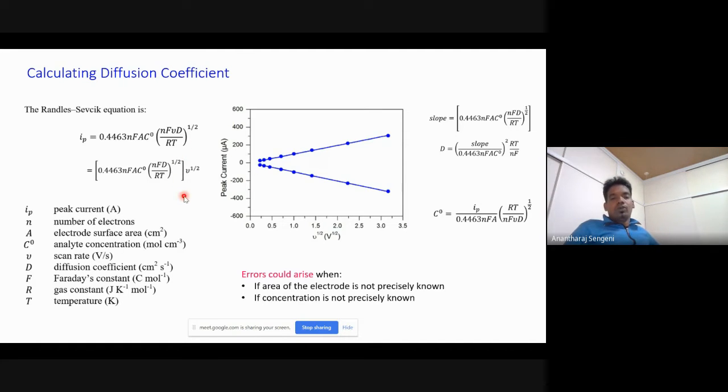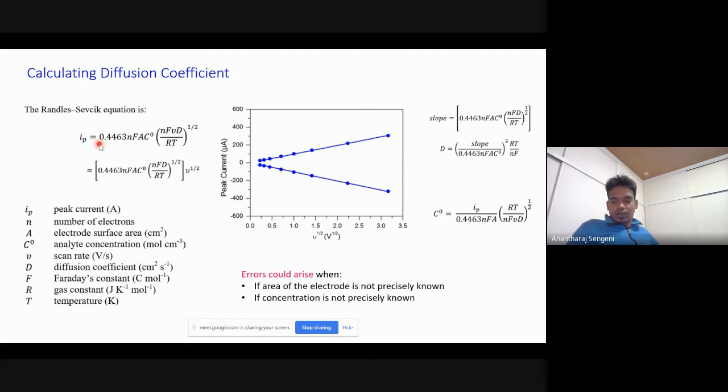So how we do this is that we use the Randles-Sevcik equation, but you should be very careful that the reaction we study is reversible and satisfies the conditions required by the freely diffusing reversible reaction, and also obeys the Randles-Sevcik equation.